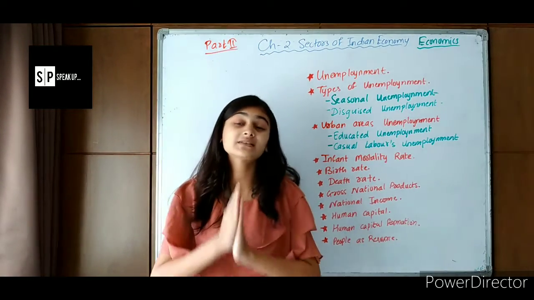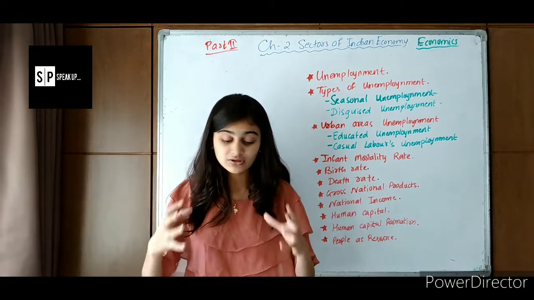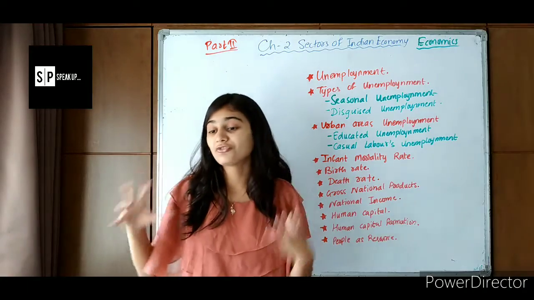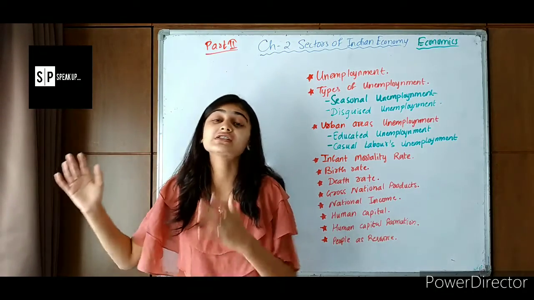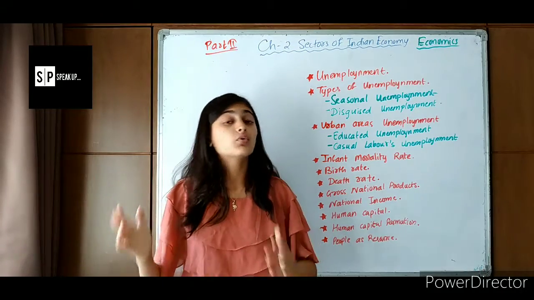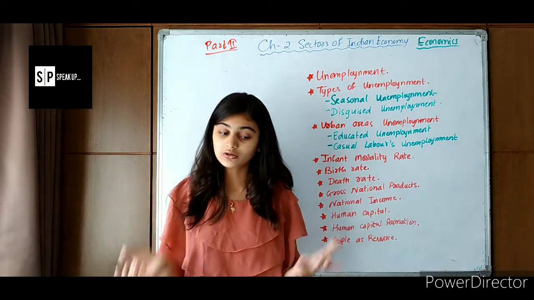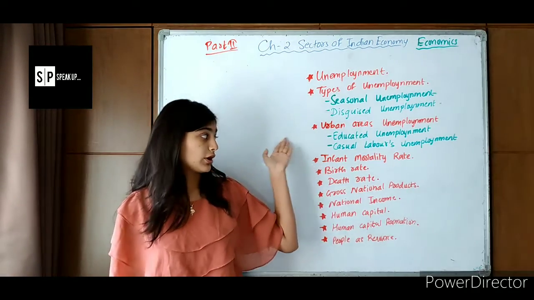So matriculate unemployment is lesser than graduate unemployment. They are educated, they have skill, they have enterprise, but the field in which they are educated is occupied. So they won't be getting opportunity to work over there, and they have to work beyond their interest. So this was about educated unemployment.